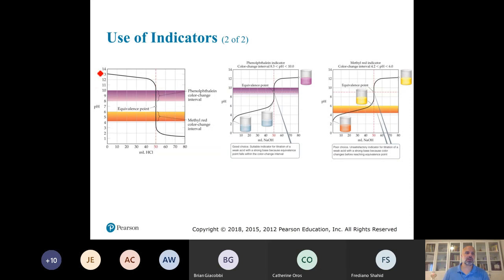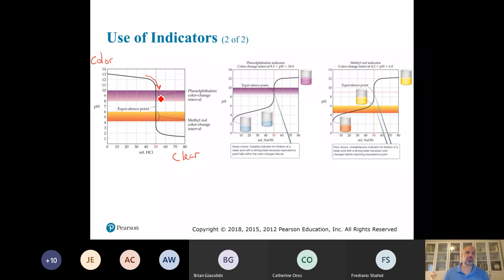Usually it's going to start off colored up here. In this particular example, you're going to have a color at the top, at the high pH, and then at the low pH it's going to be clear. So as you're reaching the equivalence point, as you're coming around this curve, you suddenly have this rapid change.